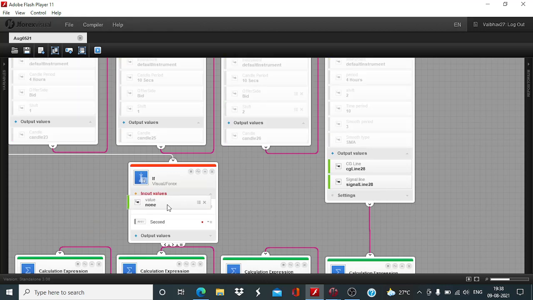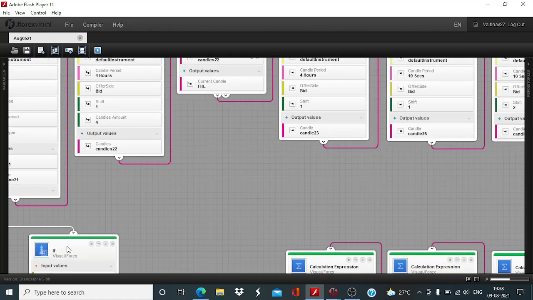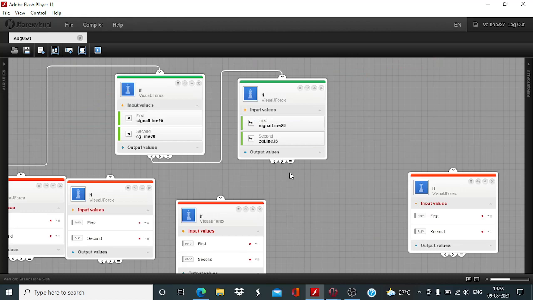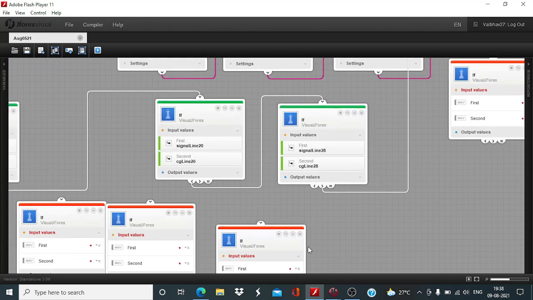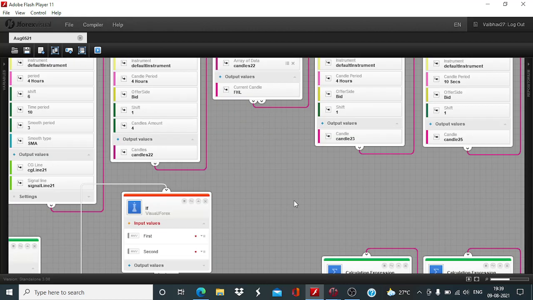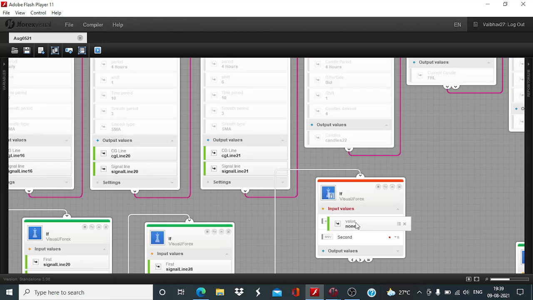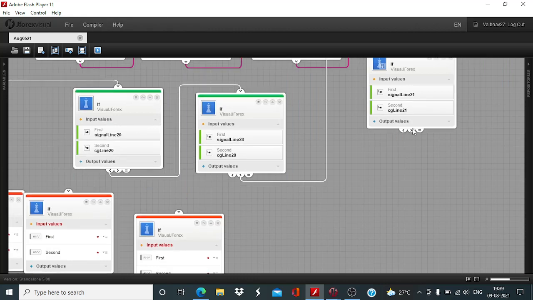We will need signal line to have been higher compared to the center of gravity line. Okay, so first input greater than second input, and a day back also the momentum should have been bullish. So we now have to consider signal line 21 and center of gravity line 21. In this case also first input greater than second input.